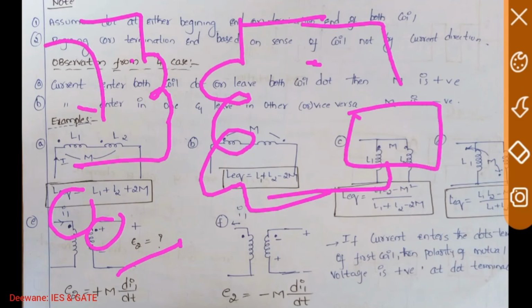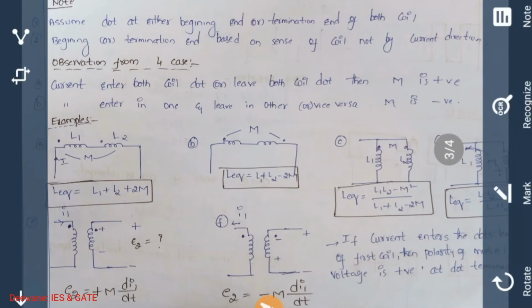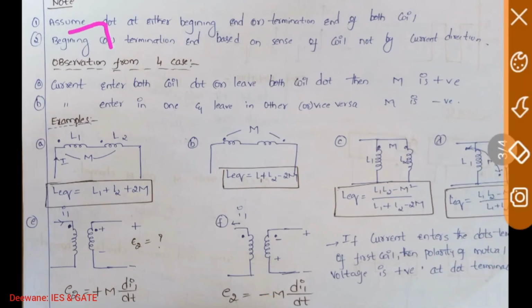Current enters the dot. Here, current enters the dot. In the second case, current has to leave the dot. This is the correct current direction. You take the second case. Just observe, it will take some time. Let me take some time. Very important.